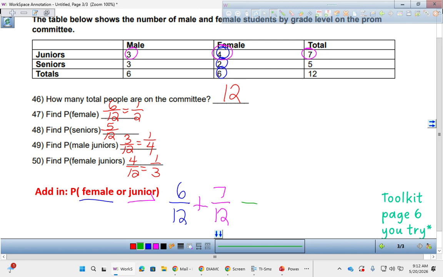I'm going to subtract the females who are the juniors at the same time. How many female juniors are there? 4. So the overlap is 4 out of 12. The answer to this one, 9 out of 12, which reduces to 3/4.